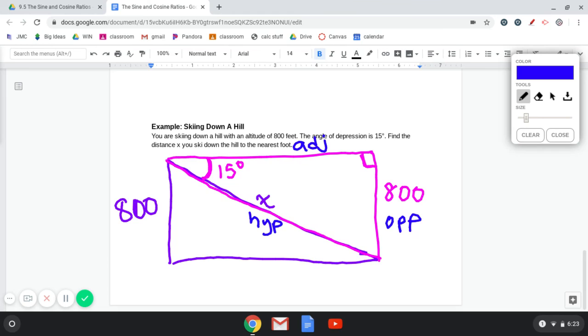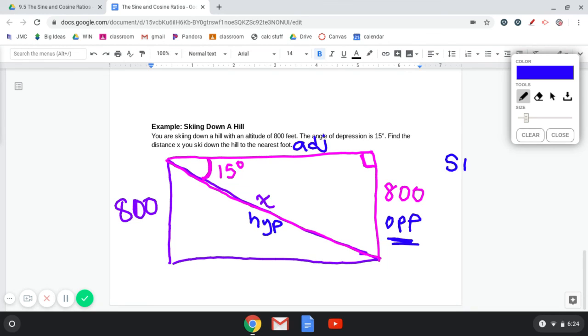So we're looking for the hypotenuse, which means we need to use sine or cosine. We're given the opposite side, and since we only want to have one unknown variable, we need to use this opposite side because we don't know the adjacent side. So we need a trig ratio that deals with the opposite side and the hypotenuse, which is sine.